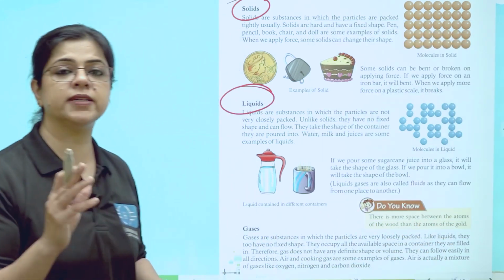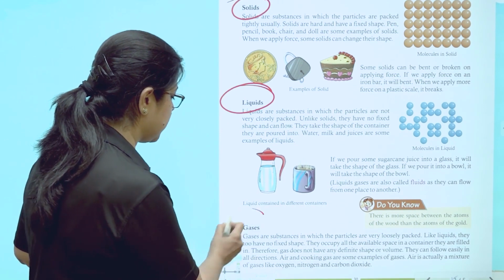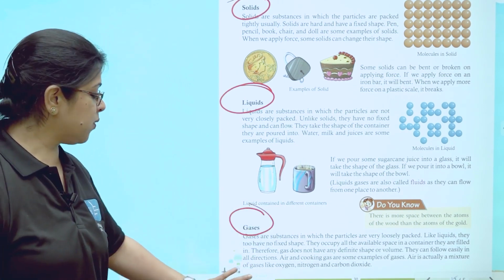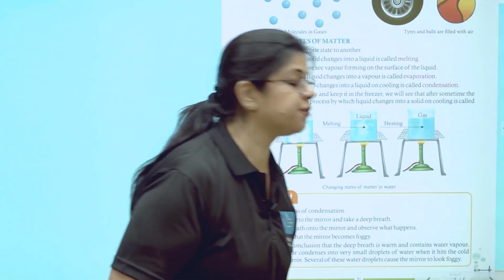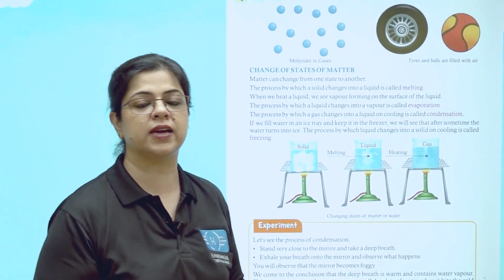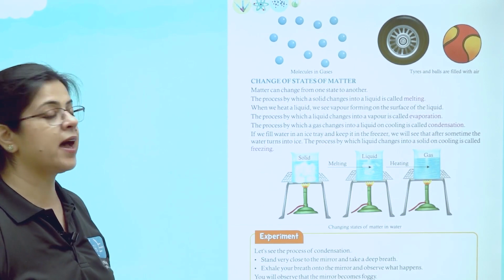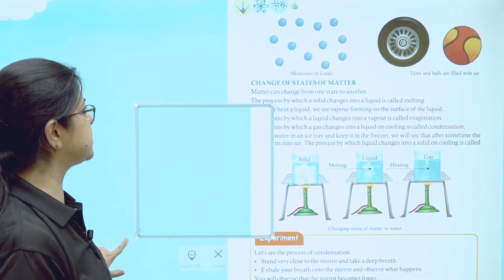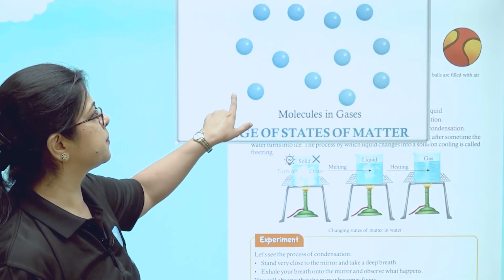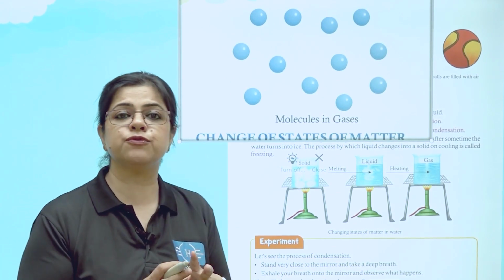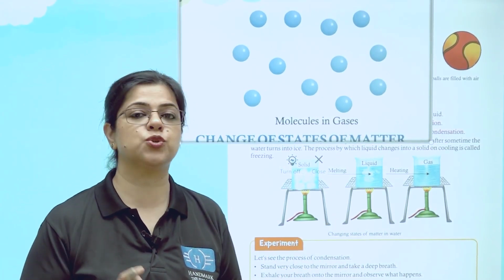The third important state of matter is known as gases. Now, gases have a very different way of functioning. Unlike the solids and the liquids, the gases have a lot of free space between their molecules. This is why gases flow freely from one place to another.